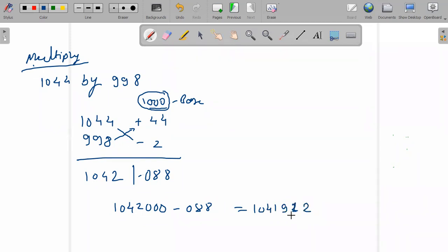So this will be the answer. See, many times we cannot do the calculation in our head, but after writing you can do it fast. You can do it in mind also, but you will need more practice for that.